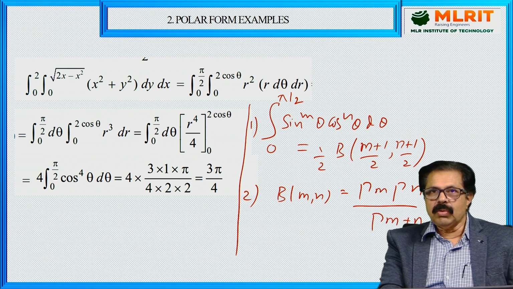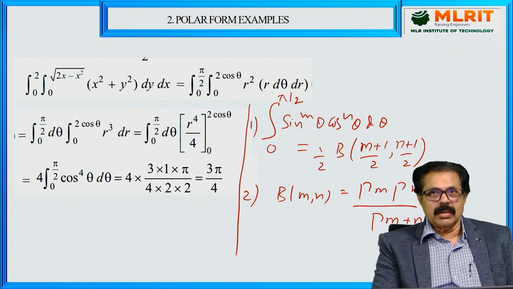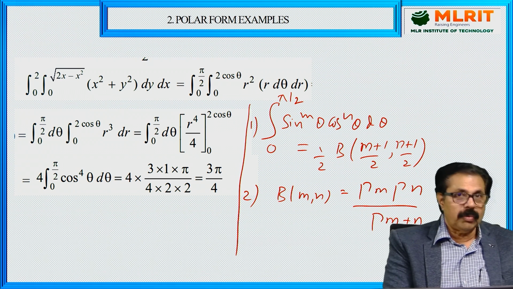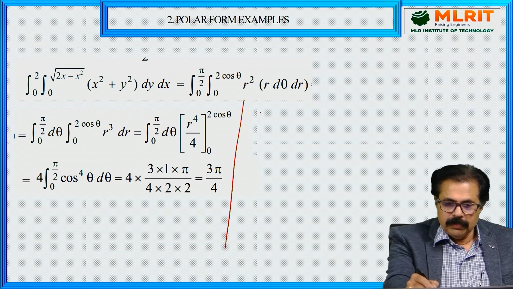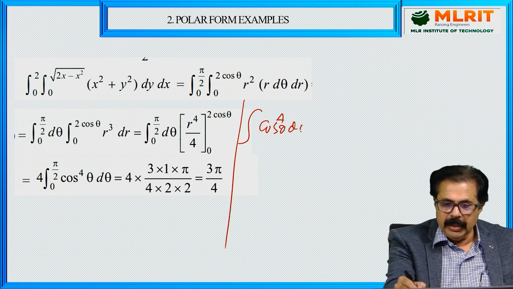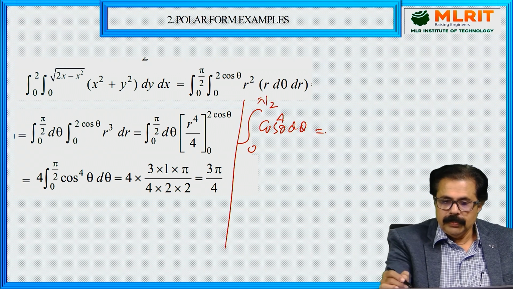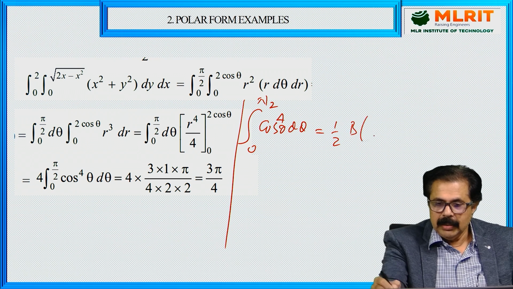So this is how you can convert sine powers or cos powers into beta and gamma functions. So let us see now, what happens to cos raised to 4? The integral of cos raised to 4 theta d theta from 0 to pi by 2 will now be half beta.